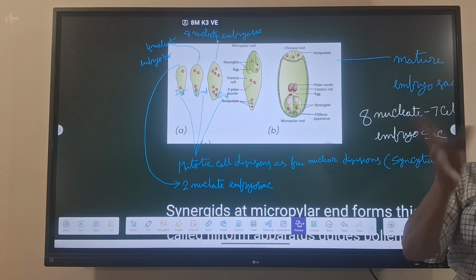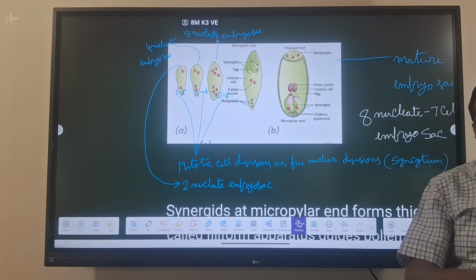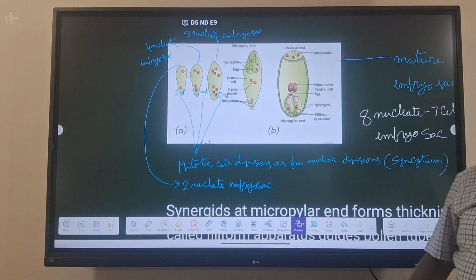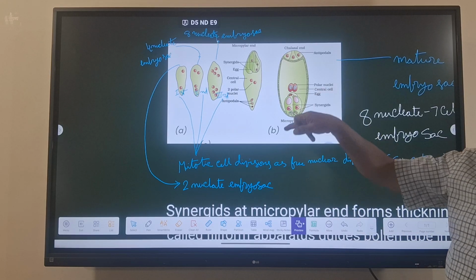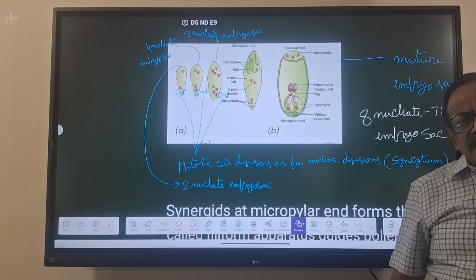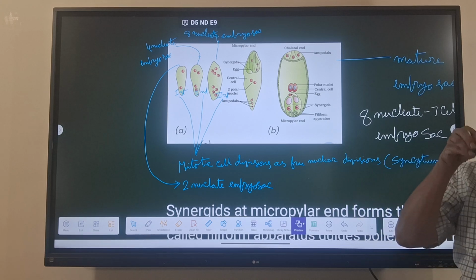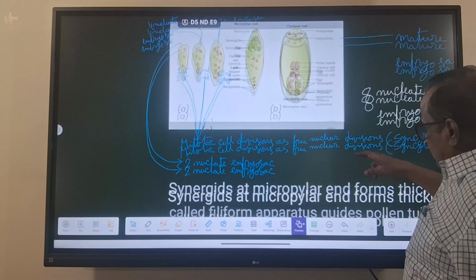The other cells of the anther are diploid, and pollen grains are haploid. He has given the pollen grain, and he could also give this the next time. This is haploid, and where is it present? In the nucellus, which is diploid. So the diploid generation and the haploid generation are both present in megasporogenesis.